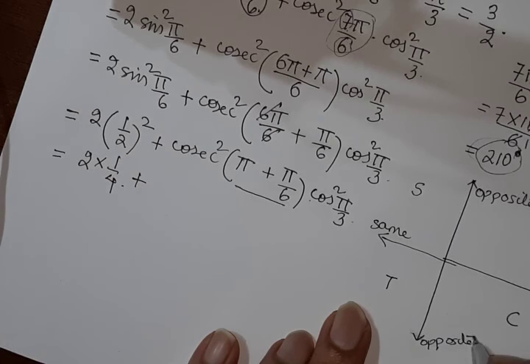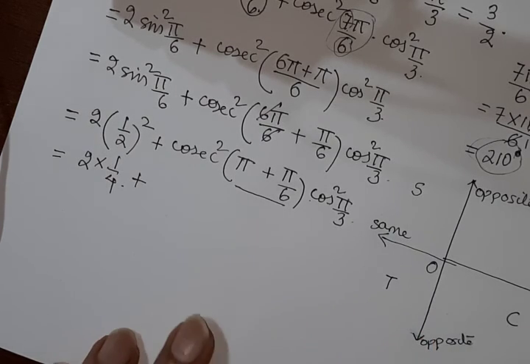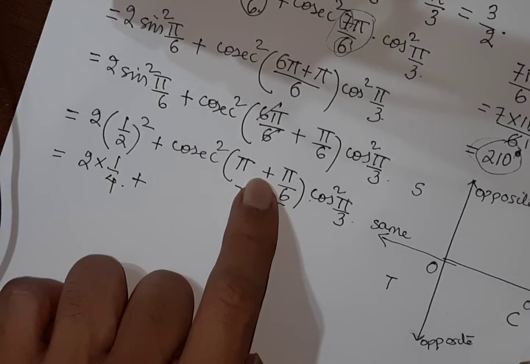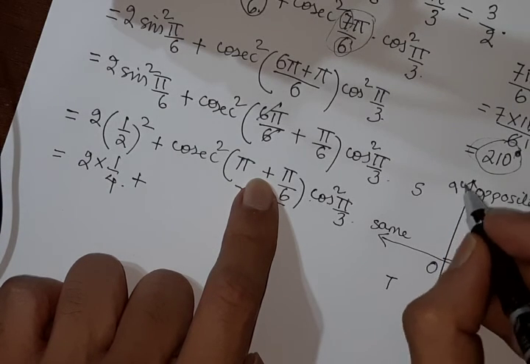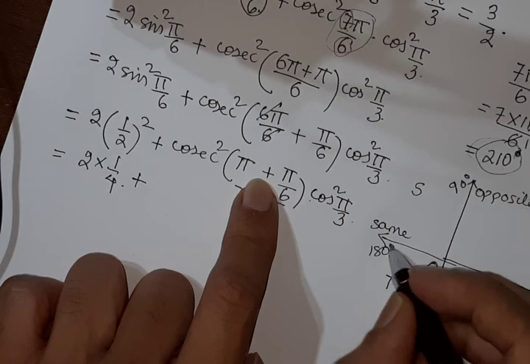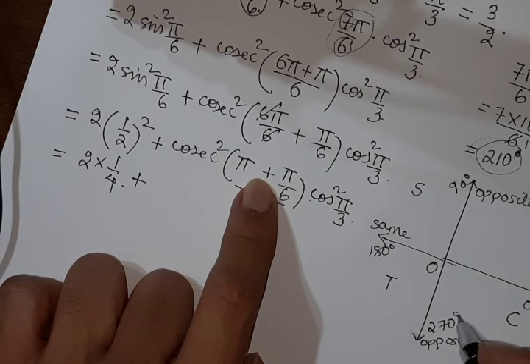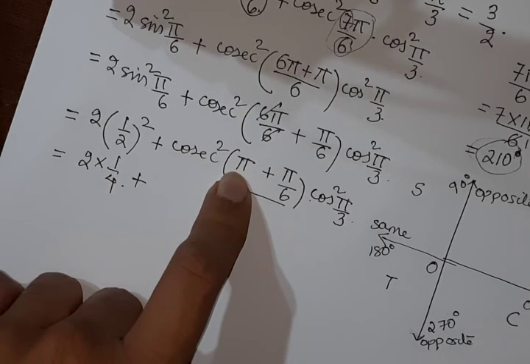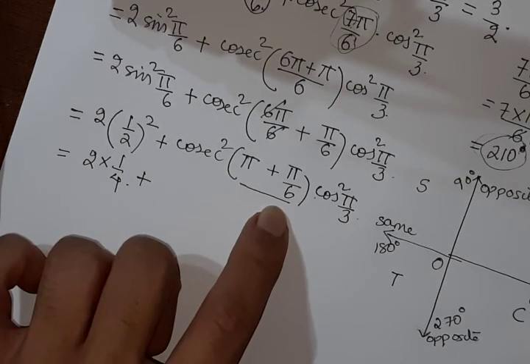Here it is O, the origin. Also you have to write 0 degree, 90 degree, 180 degree, 270 degree. This also you write. Then what you have to look at, this pi plus pi by 6 is there.